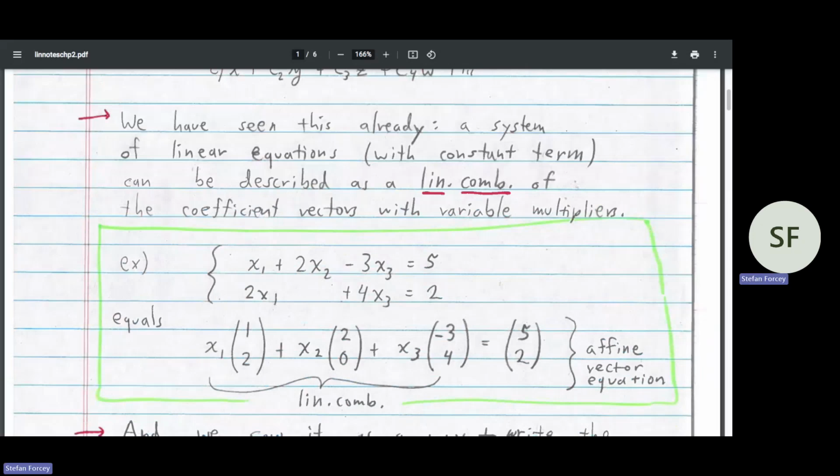So we call this a vector equation. In this case, it's an affine vector equation because it has a non-zero constant, and the linear combination is the left-hand side of that equation.